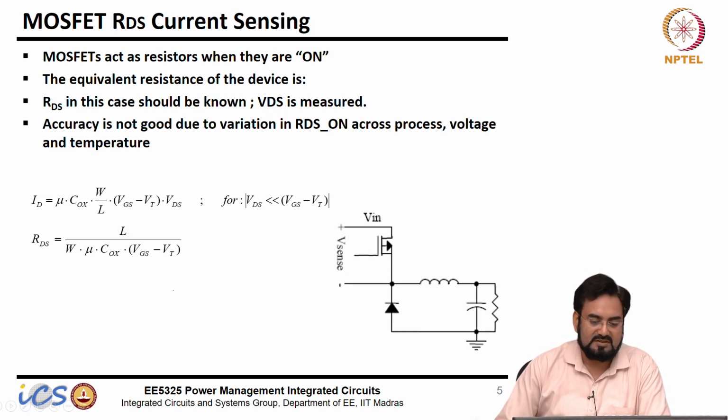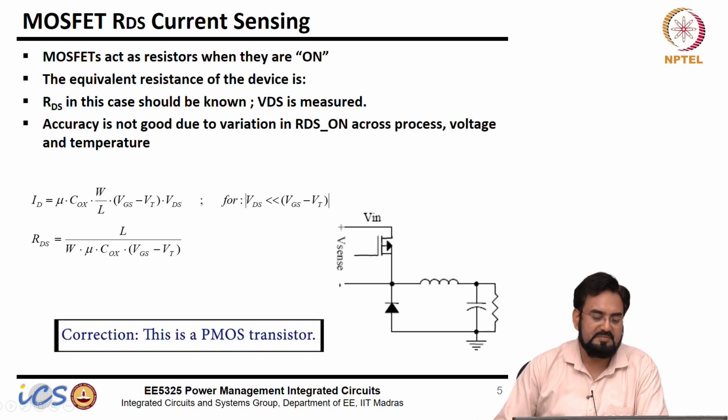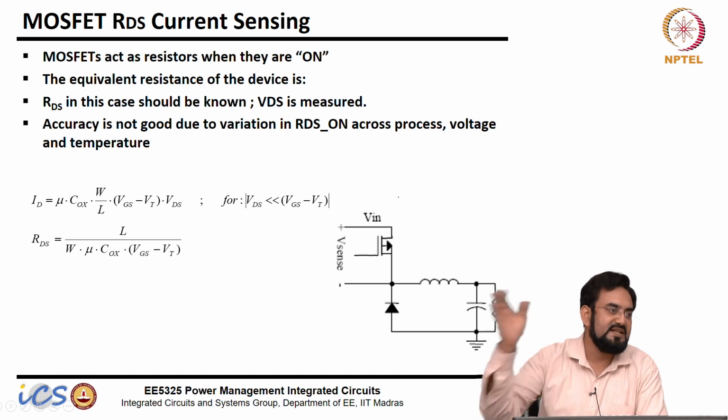So this varies with PVT and it's not very accurate. It even varies with the voltage, because it has a VGS here. How much voltage you are applying across gate to source will also determine it. This is an NMOS, but if it were a PMOS, when you are turning on, you connect to ground, and let's say VDD is changed.